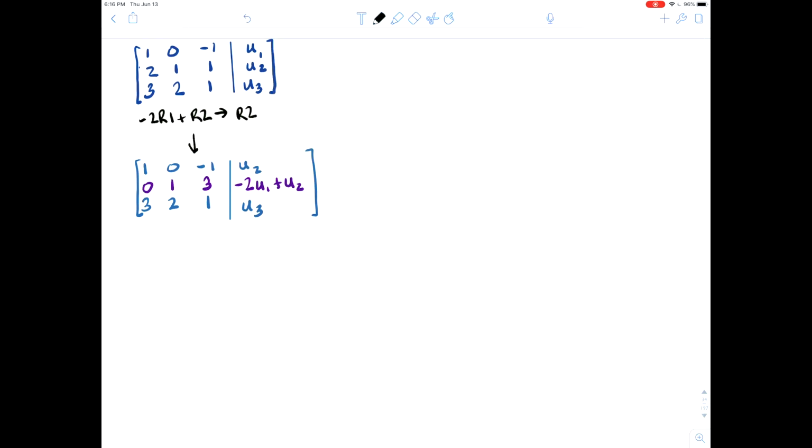All right. Well, what next? Good, we need to get rid of that 3 that's in row 3, column 1. So if I go negative 3 row 1 plus row 3 for a new row 3, we will have, I'm rewriting the unchanging rows first.